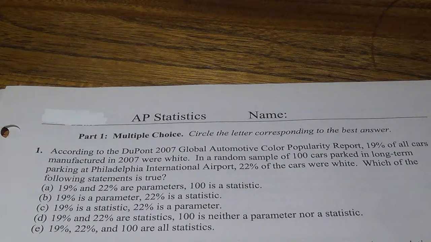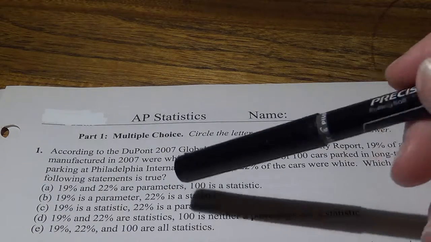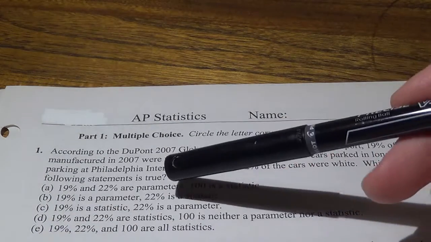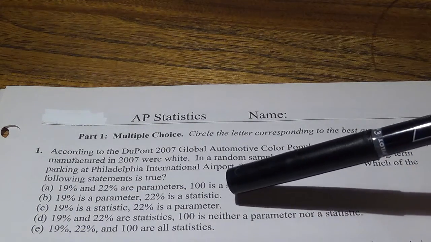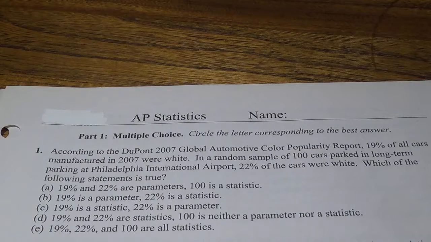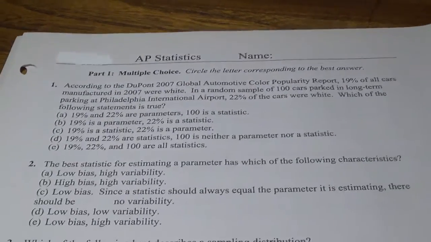So that leads us to the answer B, as in boy. 19% is the parameter and 22% is the statistic. You can recall that: P, population; S, sample.